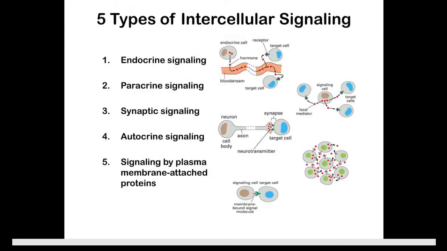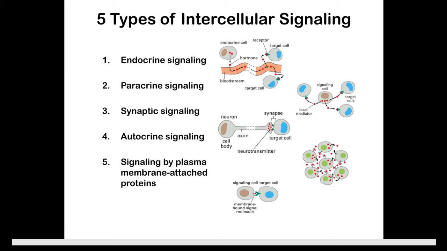Okay, how are these signals transferred? There are five different types. Questions are asked based on this, so I am giving the most important points on this particular topic.